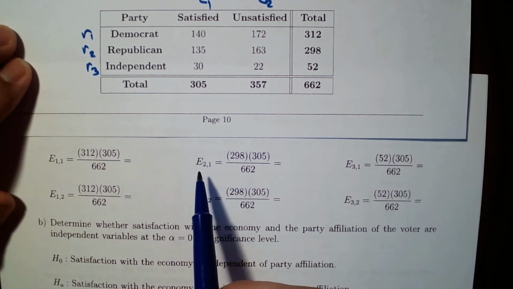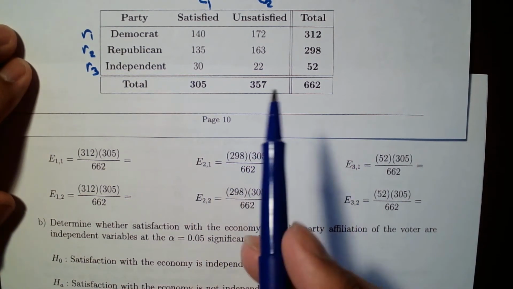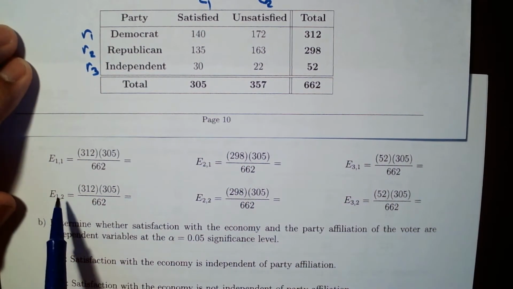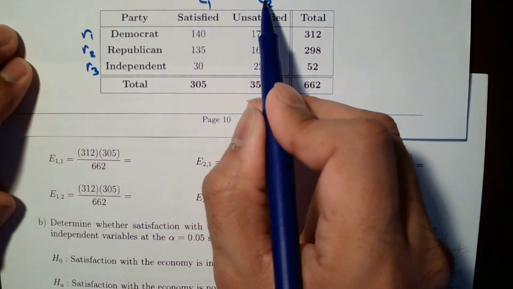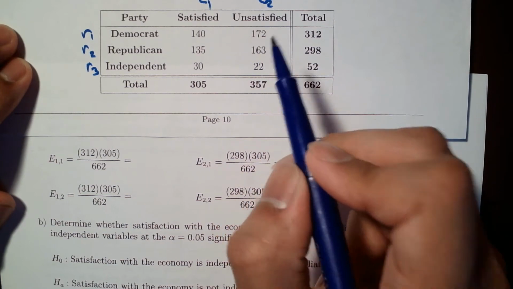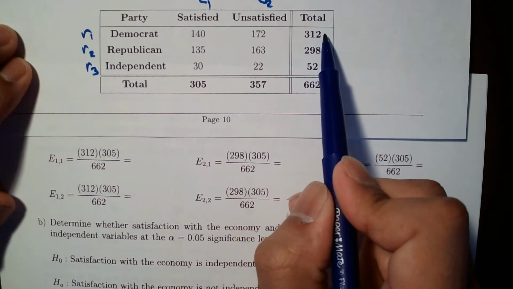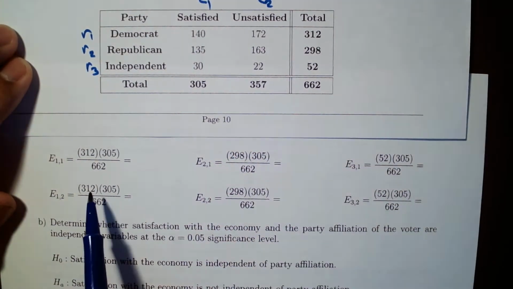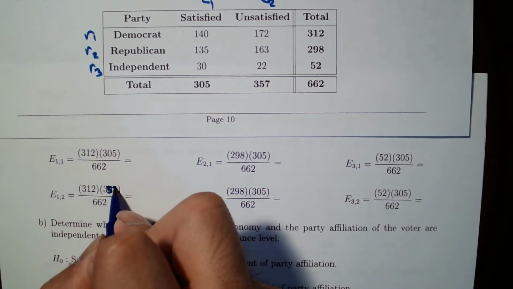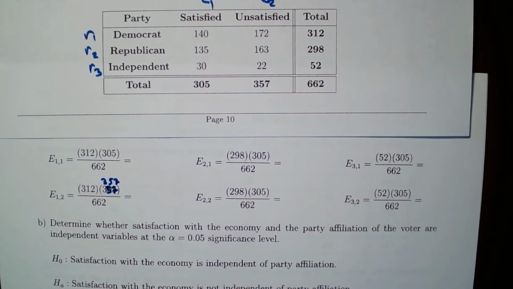For the expected observation of row 1, column 2, that's going to be the total of row 1, which is 312, times the total of column 2, which is 357. Silly typo here.